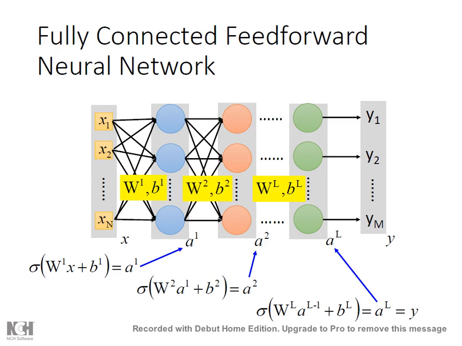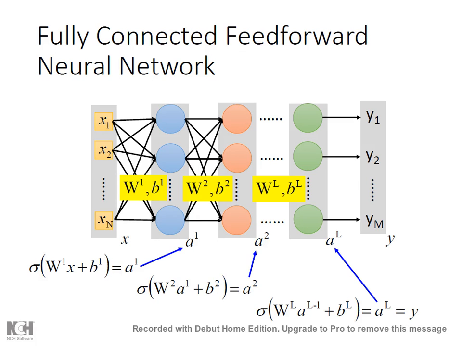And the above process is called feed-forward. Because we start from the input, feed the data to the first layer, then the first layer's output will be the input to the second layer.